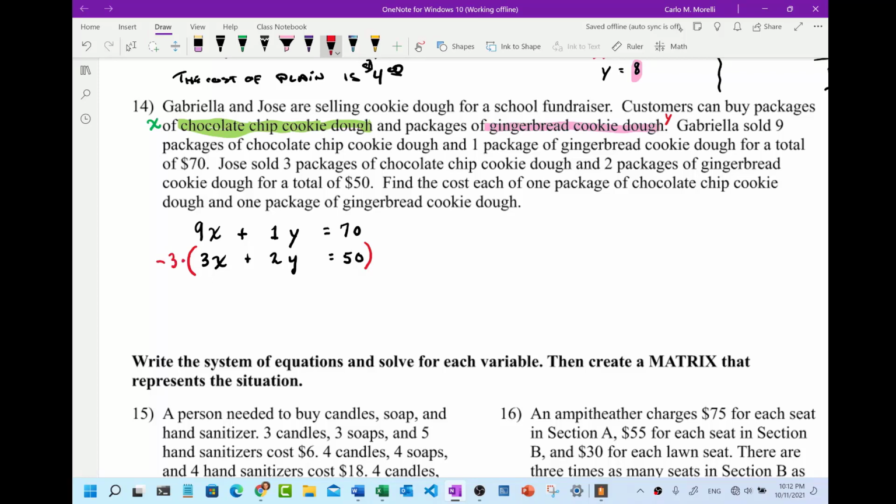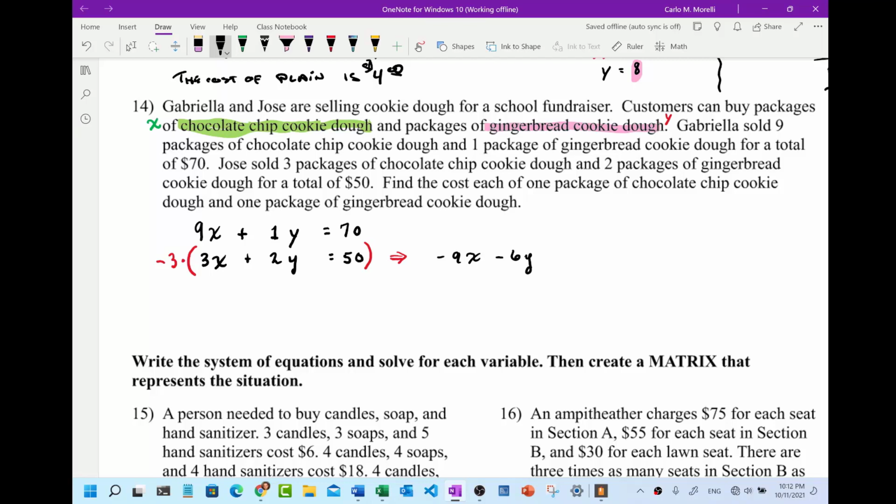And remember, I have to do this in horizontal mode, so you understand I'm distributing the negative 3 to all terms, including that 50. Okay, so let's rewrite it. That's going to be negative 9x, and then minus 6y.